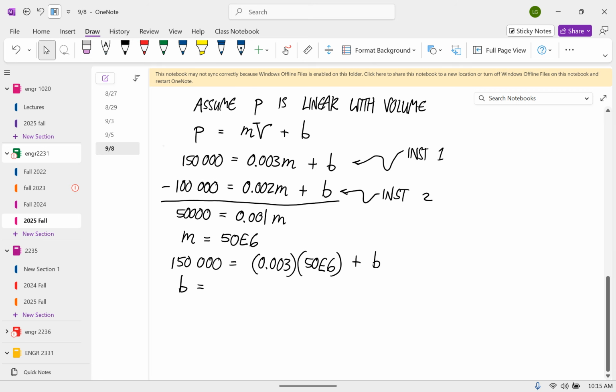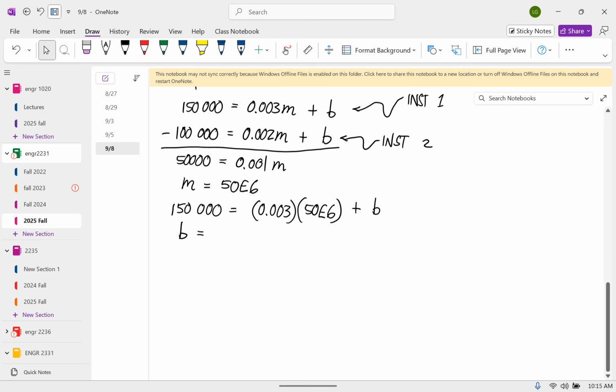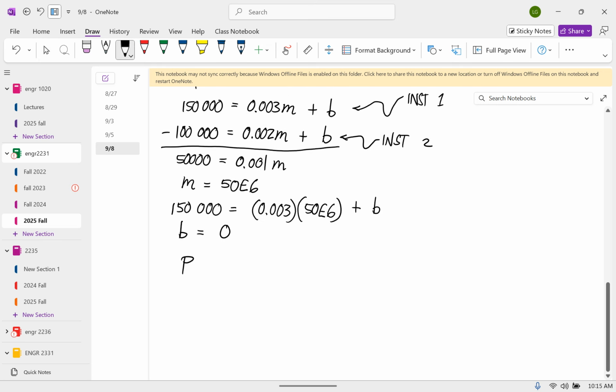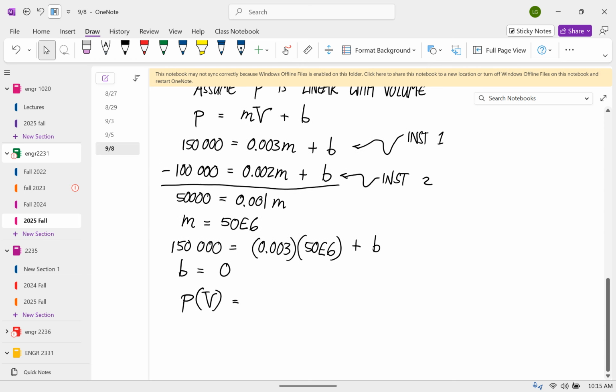B is 0, okay? So the pressure then, as a function of the volume, which is what we need in order to compute that integral, the pressure is 50 times 10 to the 6 V, and that's it.